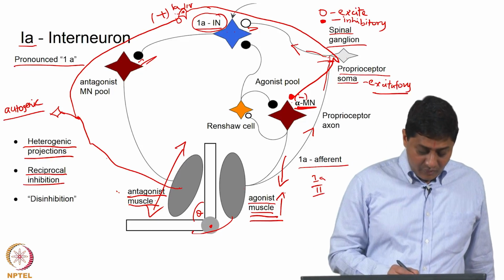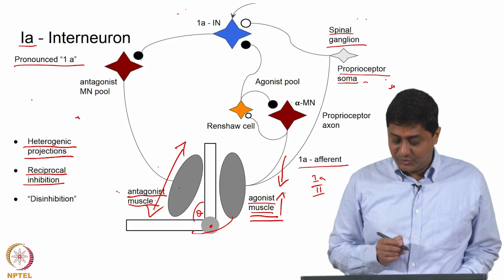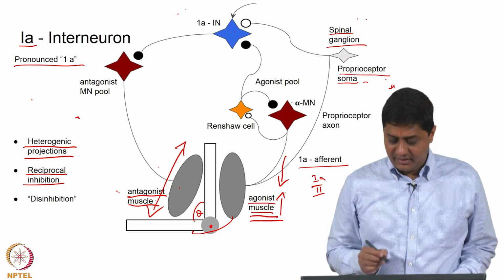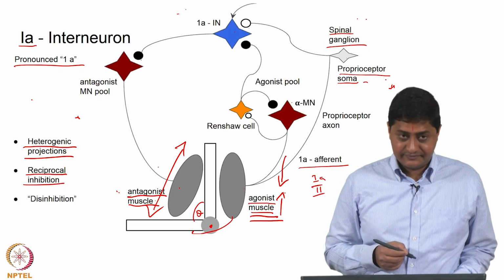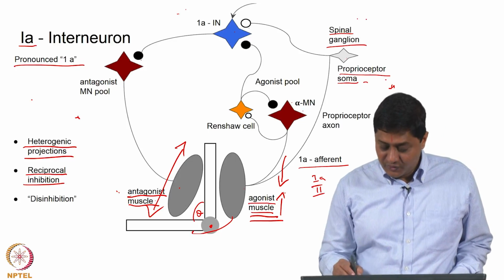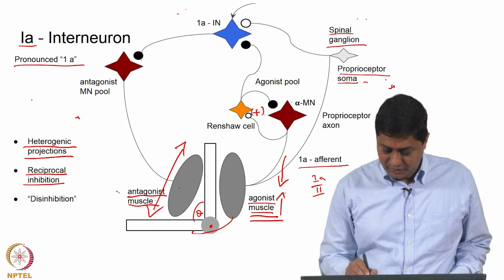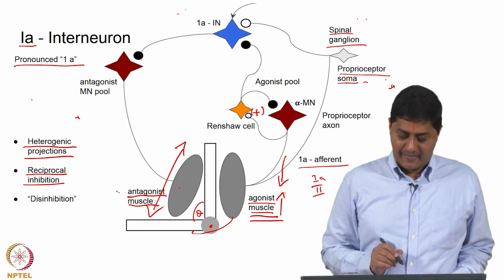So, there is inhibition reciprocally between these two cases. Okay. Now, the Renshaw cell is activated by the alpha motor neuron, right? This is what we saw in the previous class, in the previous slide. Whenever this alpha motor neuron is firing, it is going to activate this Renshaw cell.